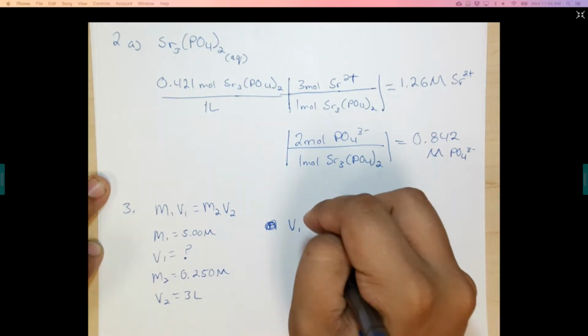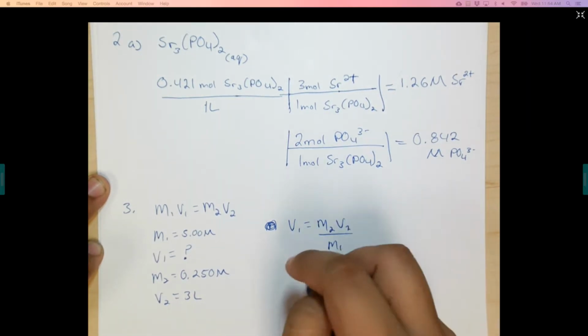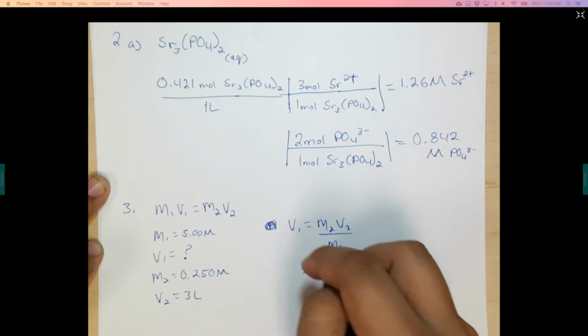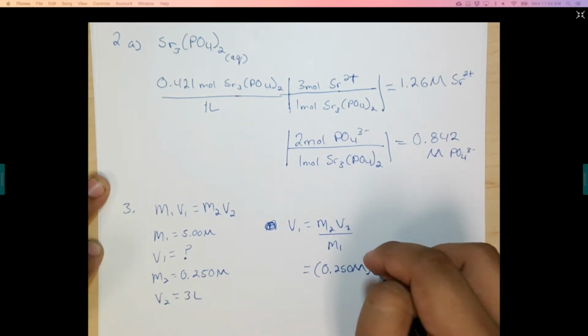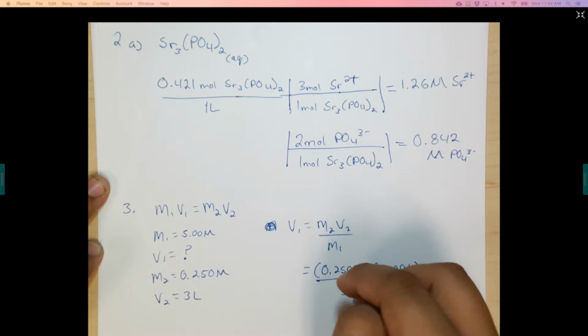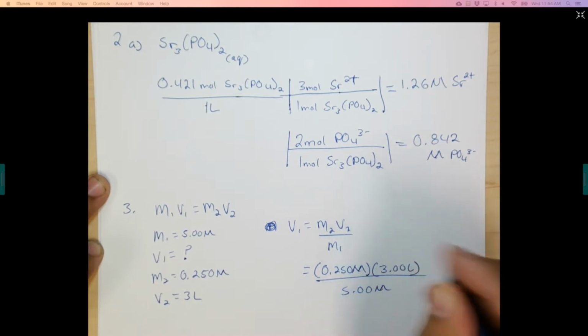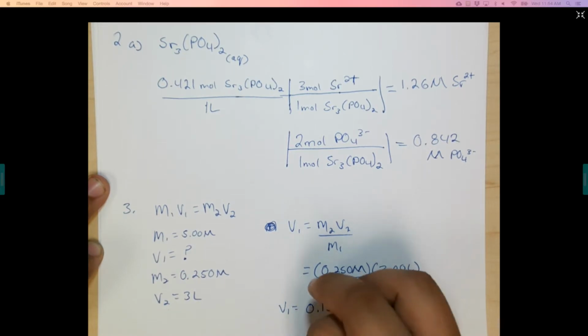V1 is equal to M2V2 over M1, which is 0.250 molar times 3.00 liters all over 5.00 molar. Notice we're left with the units of interest, which are liters. So 0.25 times 3 divided by 5 is 0.15 liters.